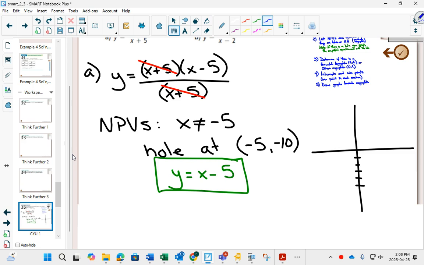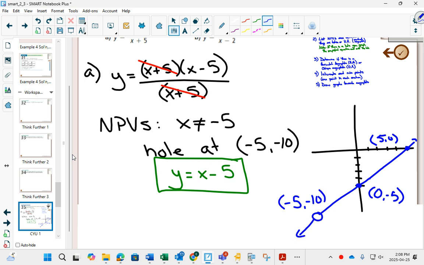That would be my y-intercept, 0, negative 5. It has a slope of 1 over 1, up 1. Probably a really good idea also to put my x-intercept of 5. And then over here, I have to add the hole to my graph at minus 5 comma minus 10.